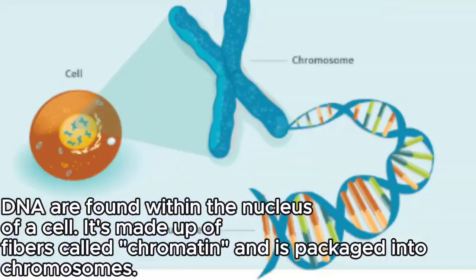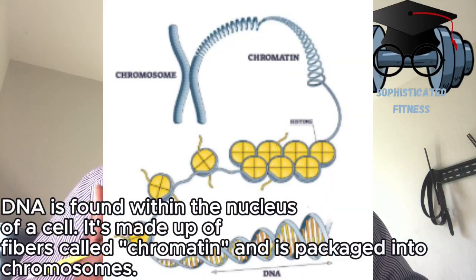DNA is mostly found within the nucleus of a cell where it's organized as chromatin and packaged into chromosomes. Chromatin are strings of fibers that make up DNA. So if you were to take a chromosome and zoom in on that chromosome, you would notice that the chromatin fibers wrap around proteins called histones.